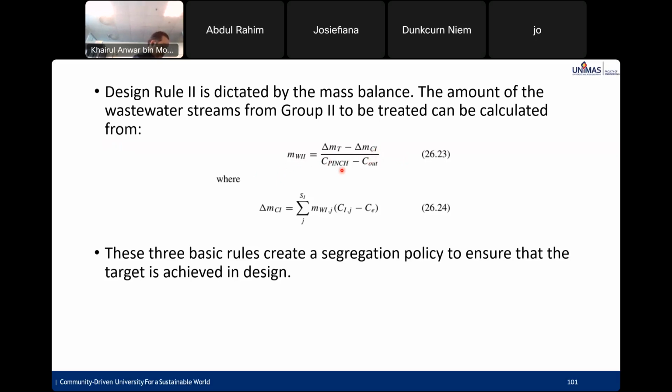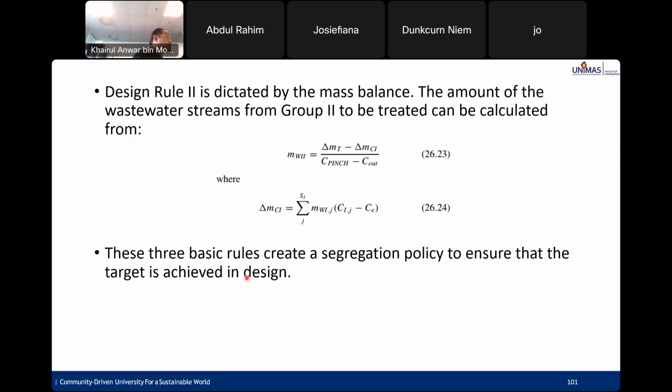So C out is actually below the environmental discharge limit, where delta MCI is equal to the water flow rate of group 1 times the concentration of group 1 minus the concentration of E. E is the environmental discharge limit.